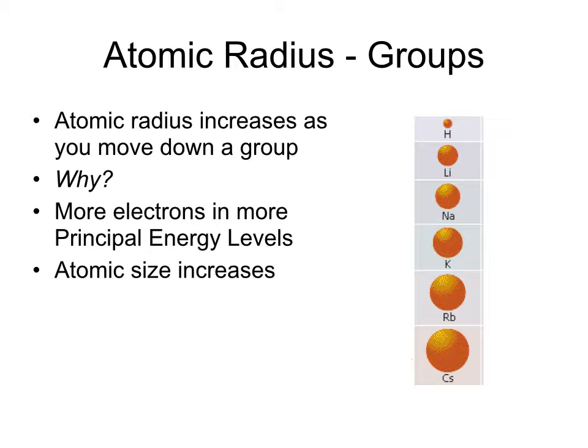Also, there is some effect of the fuller energy levels providing some shielding between the nucleus and the valence electrons. When that shielding occurs, the outer valence electrons are able to move farther away from the positively charged nucleus, so the atomic radius itself gets bigger.